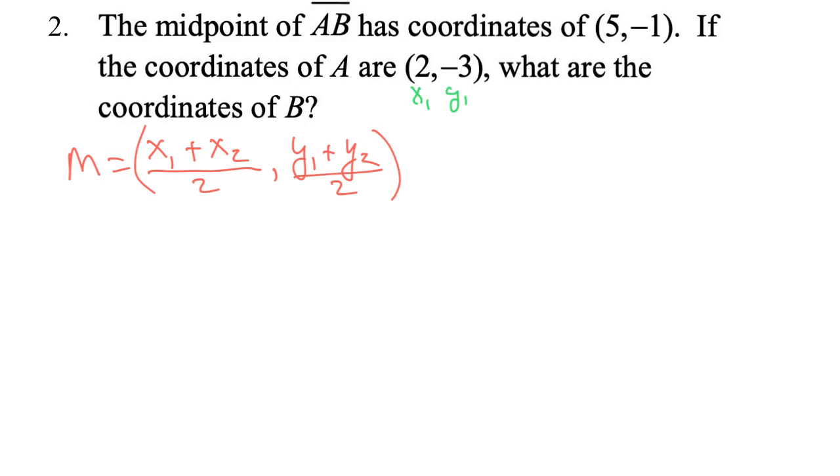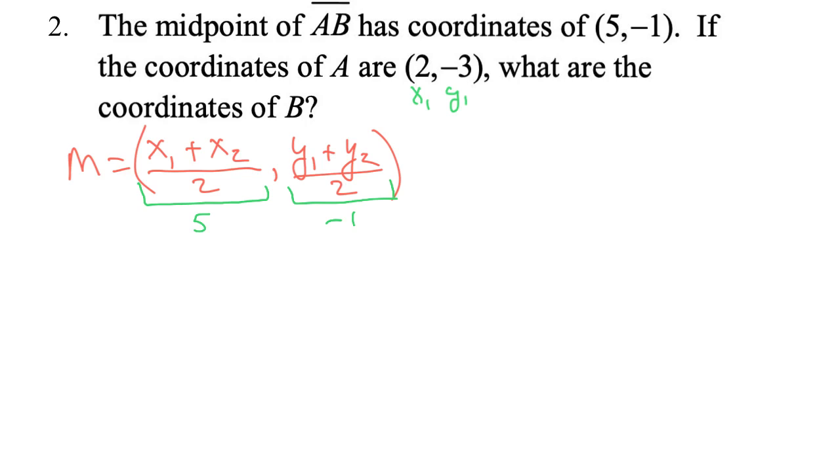I also know that this whole side is equal to the x coordinate of my midpoint, which is 5, and this whole side is equal to the y coordinate of my midpoint, which is -1. So I'm going to split these into two equations and solve for x2 and y2, the coordinates of my B point.